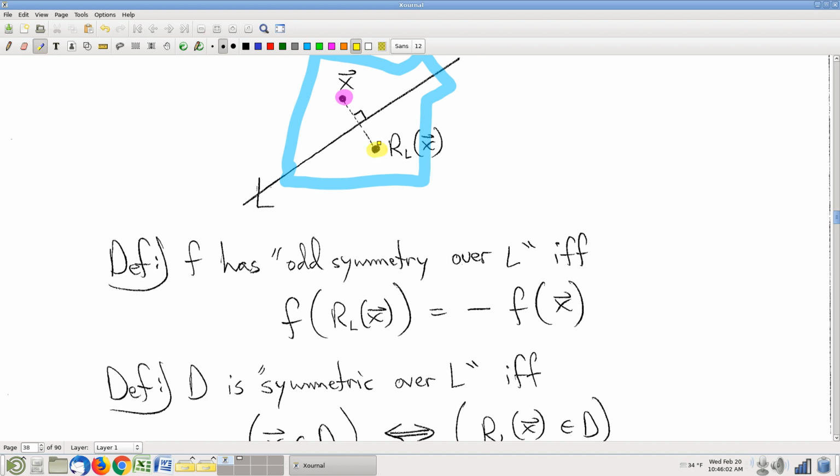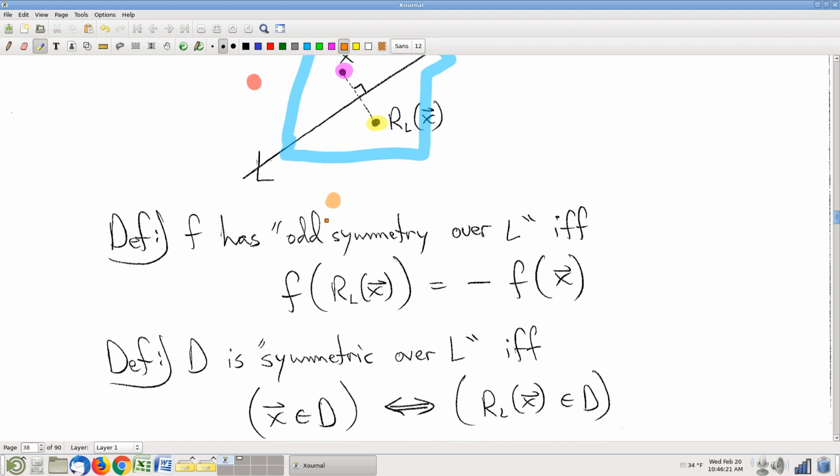Whenever a point's in the set, you need the reflection to be in the set. Whenever the point is not in the set, you need the reflection to not be in the set. Okay, so there you go.